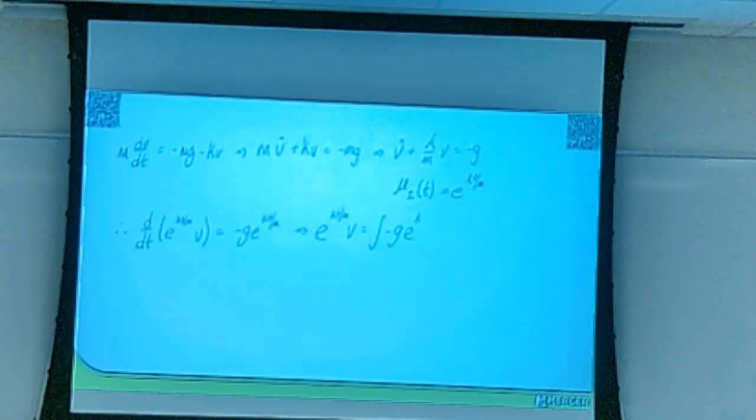How would you do that antiderivative? Keep in mind, we're making assumptions that both g and m are constant. Change variable. Yeah, this is just simple change of variable.